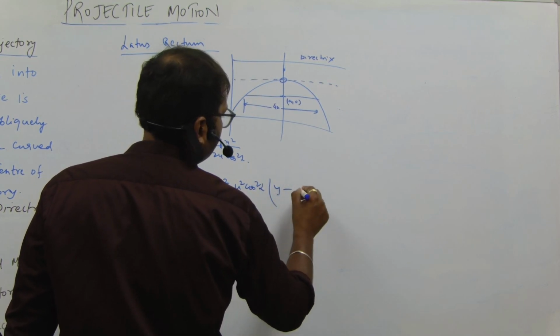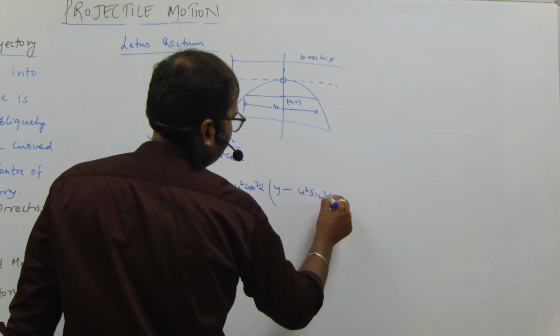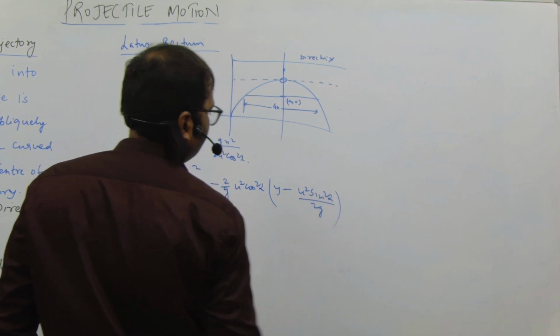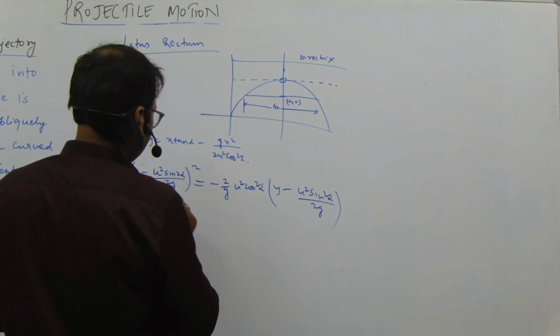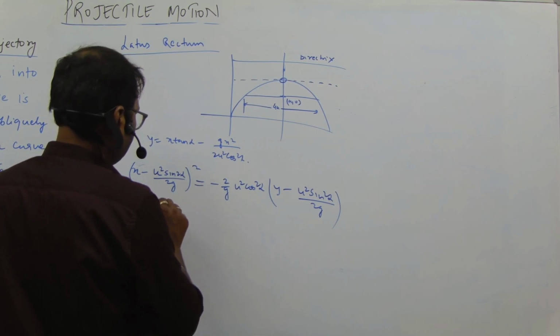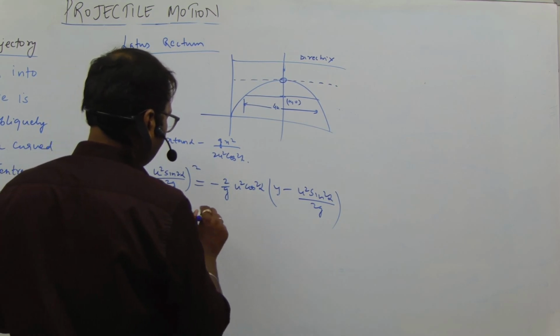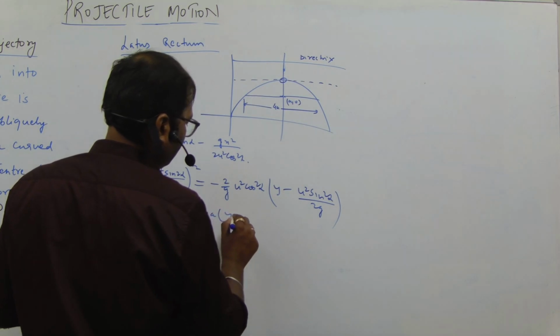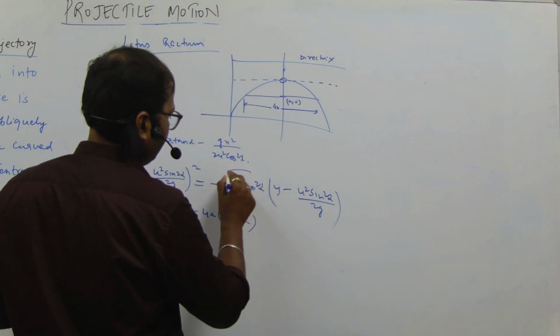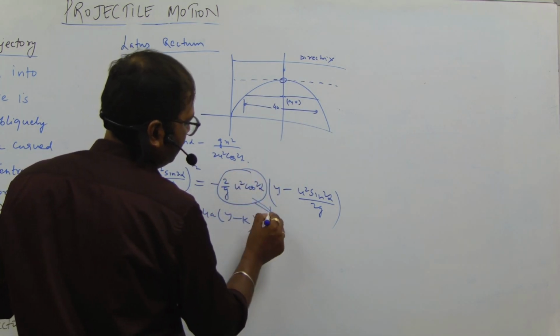The value of k is u square sin square alpha upon 2g. Let us compare this with the standard equation of the parabola, (x minus h) whole square equals minus 4a into (y minus k). So this value is 4a.